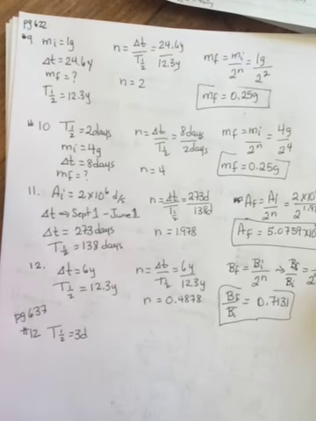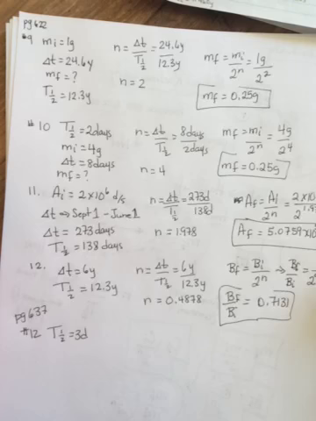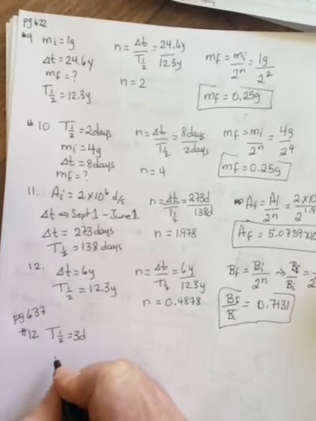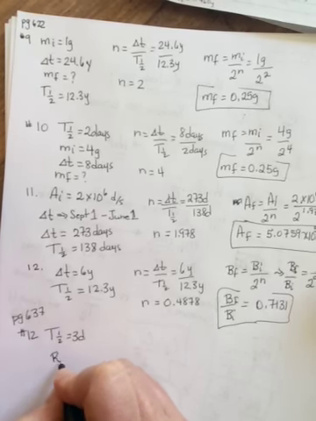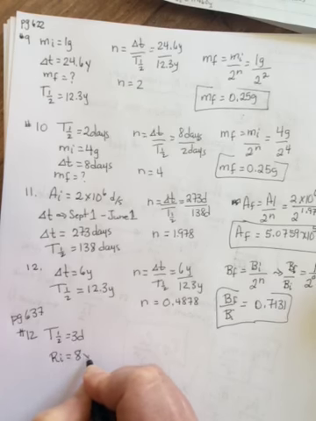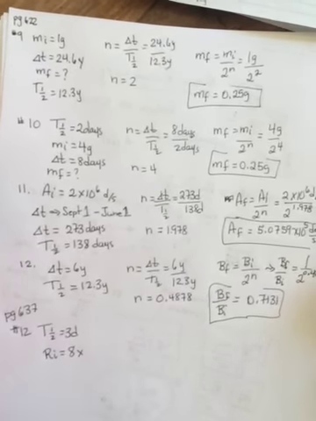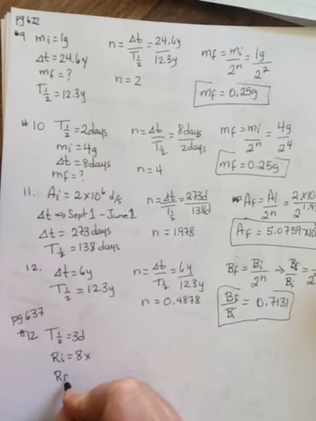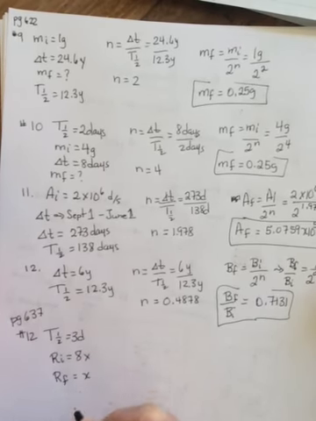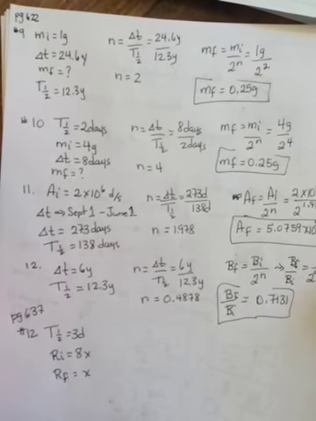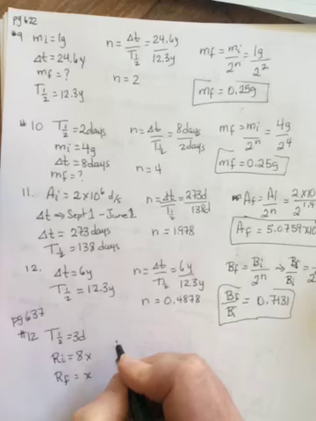As a result, the radiation is 8 times the maximum permissible amount. So the initial radiation, Ri, is 8x, and you can only go back into the lab when it gets down to x. It wants to know how long before they can enter the room.